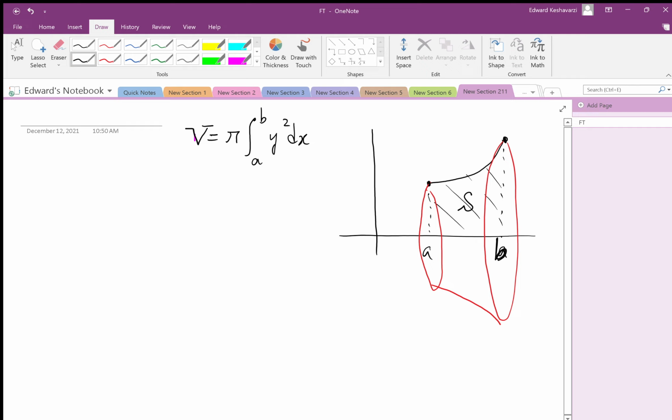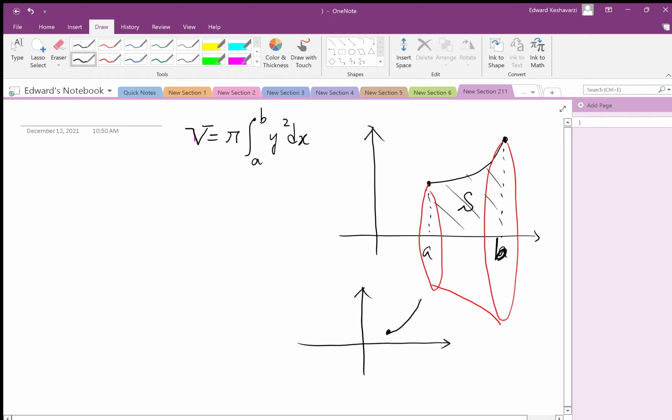The second formula serves when you revolve an area about the y-axis. So this is y equals f of x, and you are going to revolve it about the y-axis.